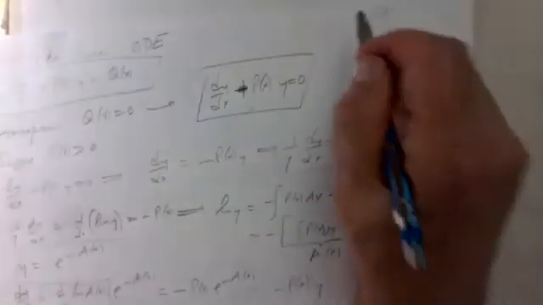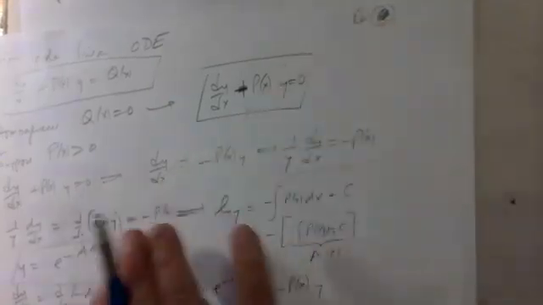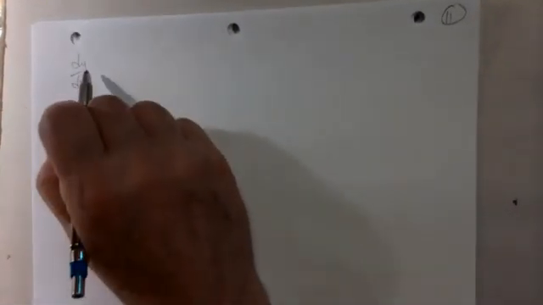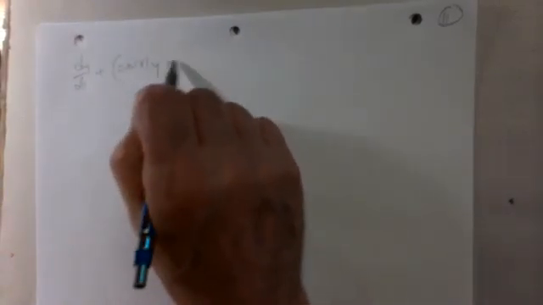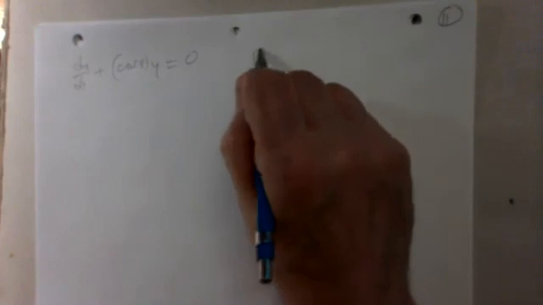Let's do a simple example. Suppose I had the equation dy dx plus cosine x times y equals 0. So p of x is cosine x.